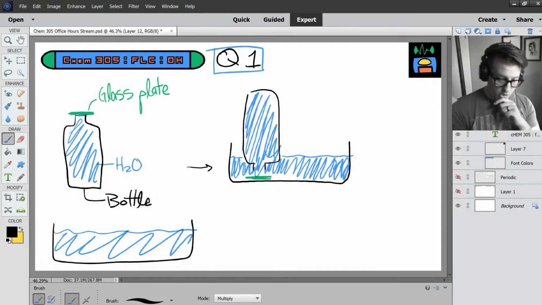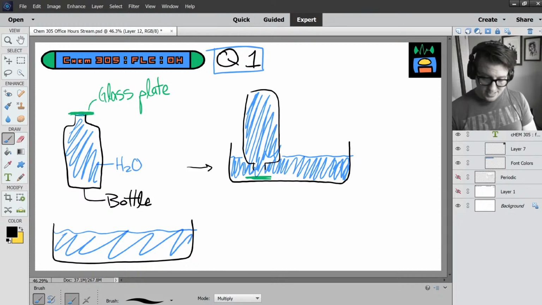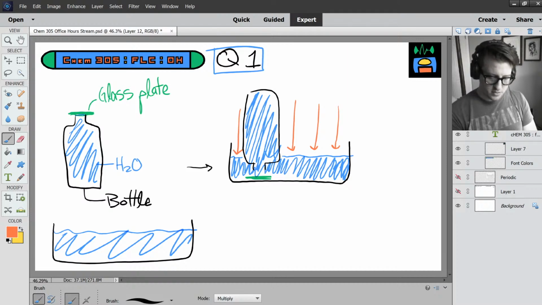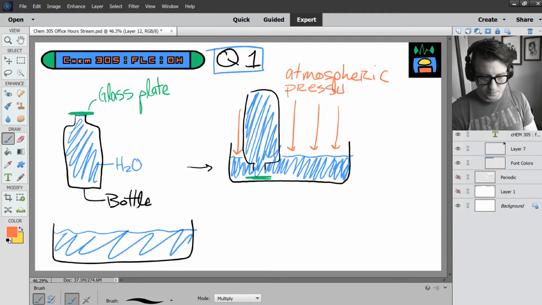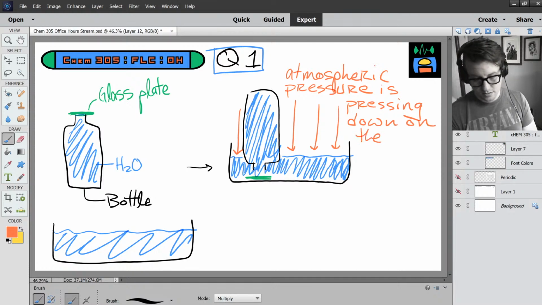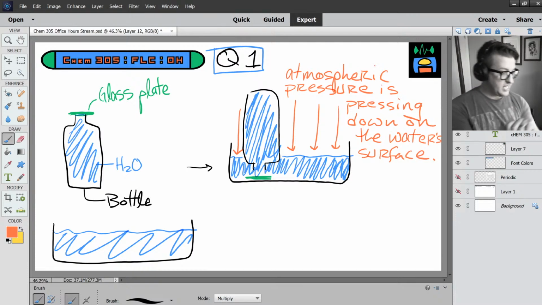The reason has to do with the atmospheric pressure pressing down on the surface of the water. That is what keeps the water in place.